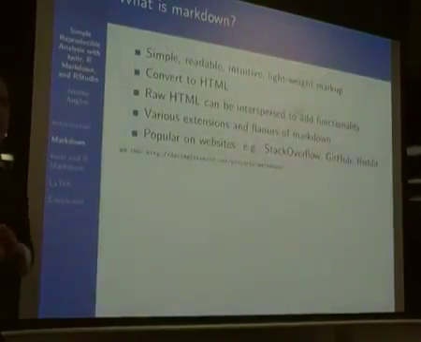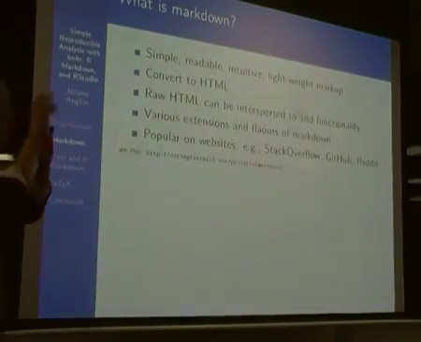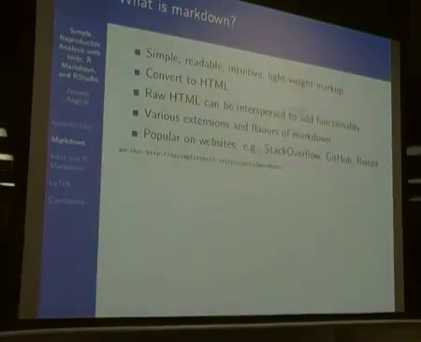It has some nice facilities to incorporate code, whereas if anyone's ever tried to write examples of code in HTML, you'll soon realize, oh, I want to write the less than symbol, and then I have to write ampersand, LT, something, blah, blah. So Markdown makes it very easy to create simple HTML documents.